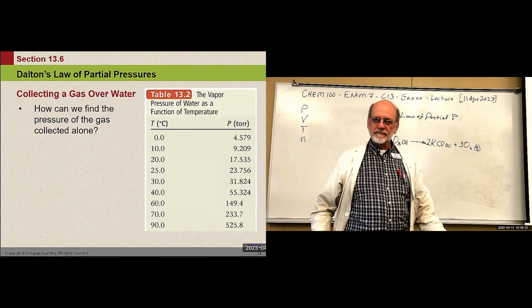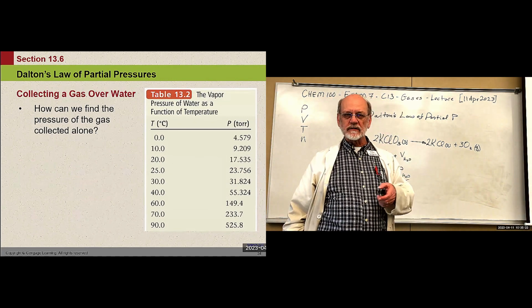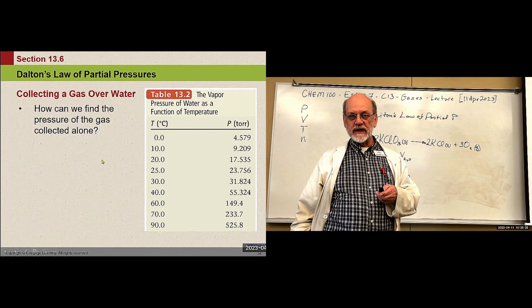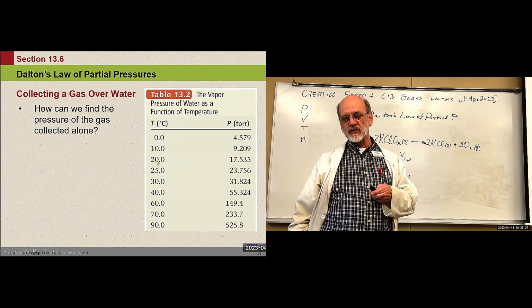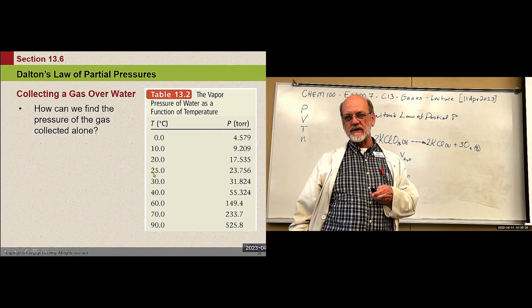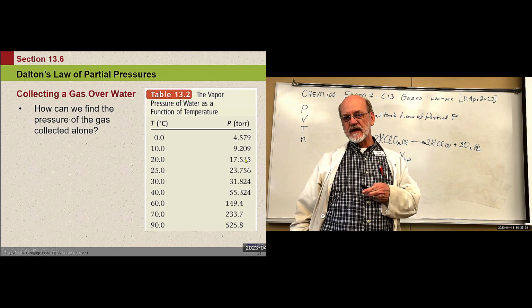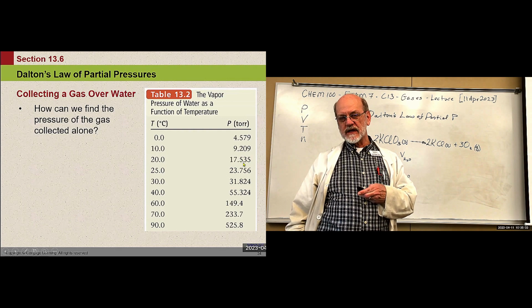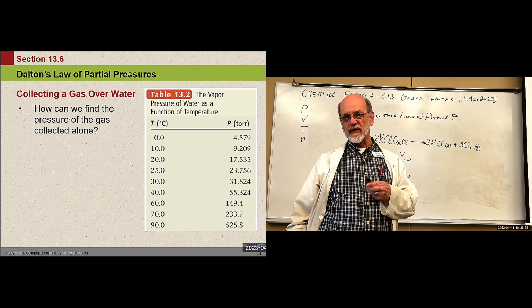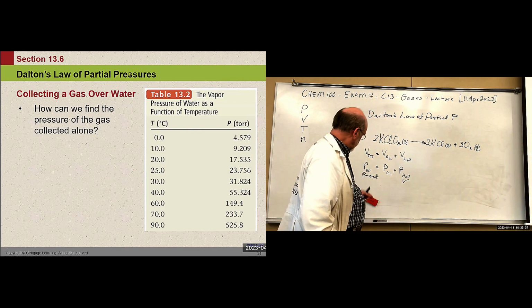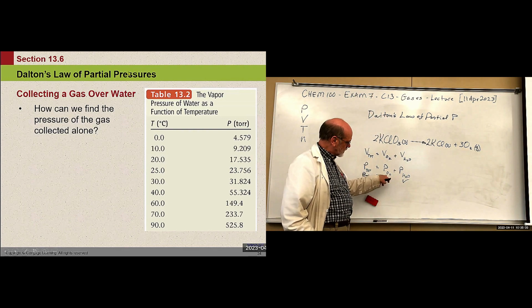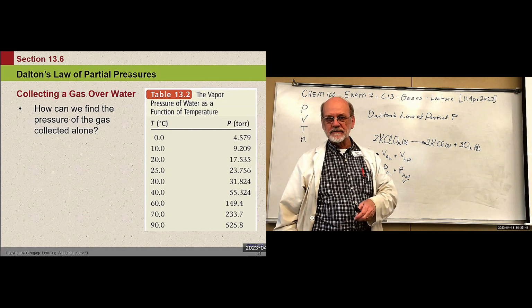So there's the chart. If we know the temperature of the water, then we can read it off the chart. Say it's 20 degrees Celsius, room temperature, 25, either one. Then this much torr is exerted, this pressure is exerted by the water vapor. So whatever we get for this one, we can subtract that one, and that's our oxygen pressure.